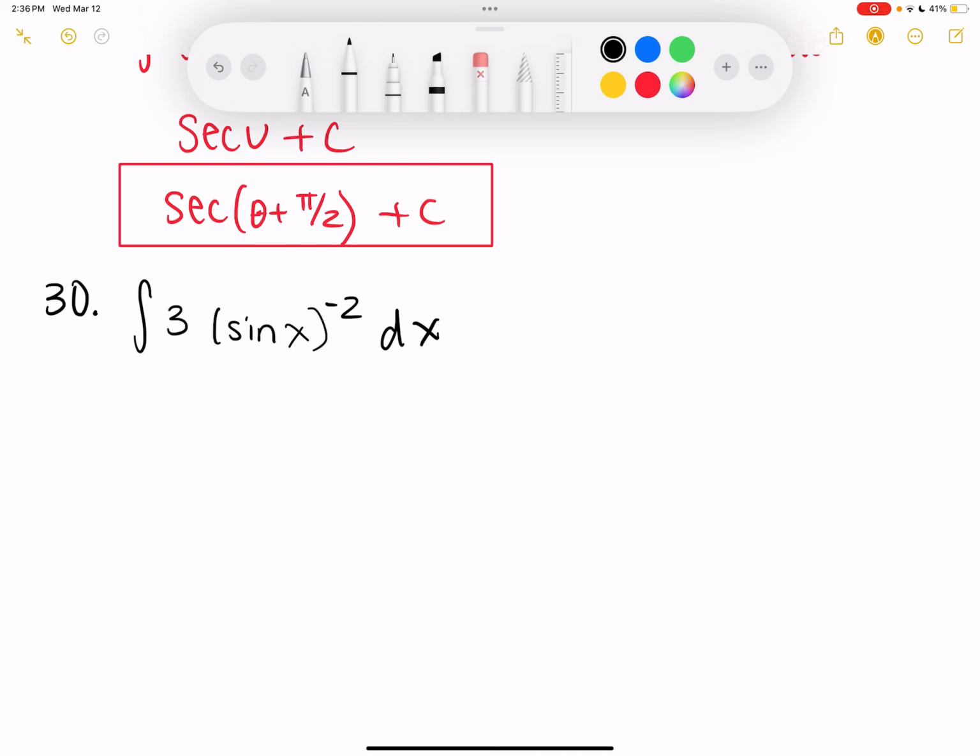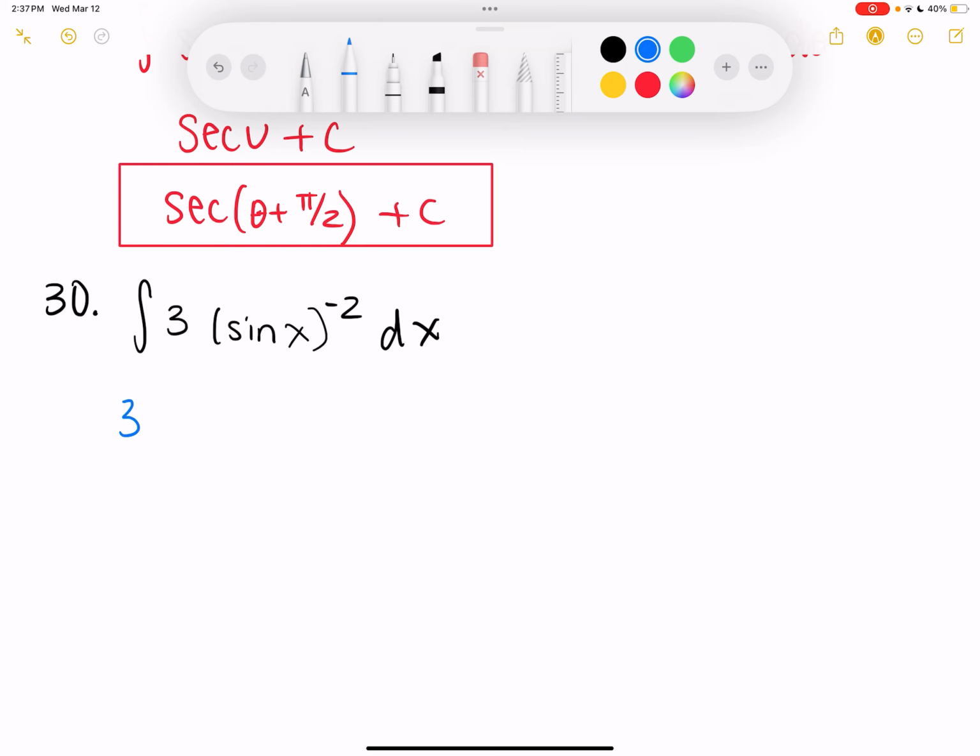So 3 sine of x to the negative 2 dx. So I can take the 3 out of this. Now, I could obviously do this a different way, or I could obviously do this using substitution. But there's another way I can do this one, so I'm going to show it that way.